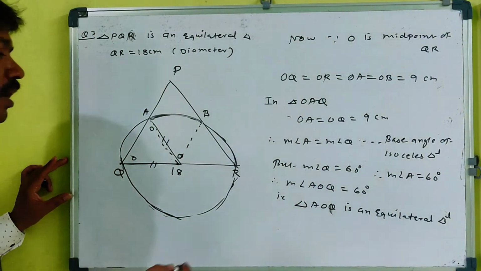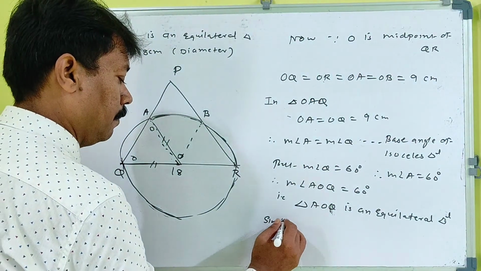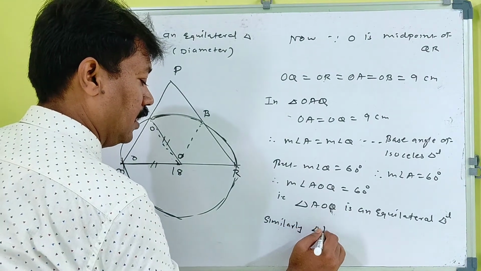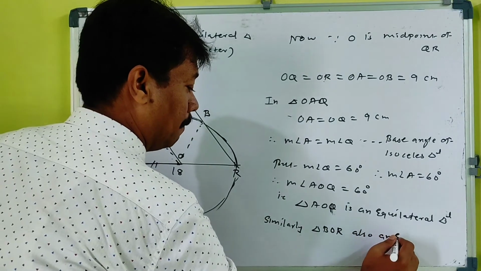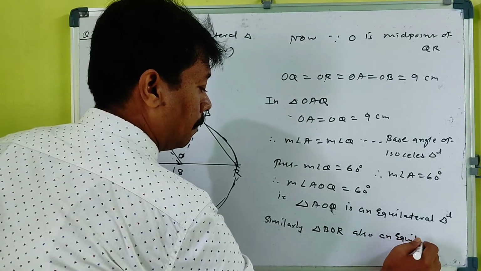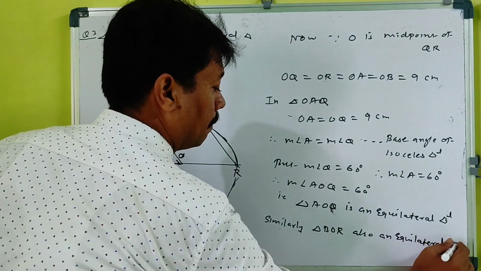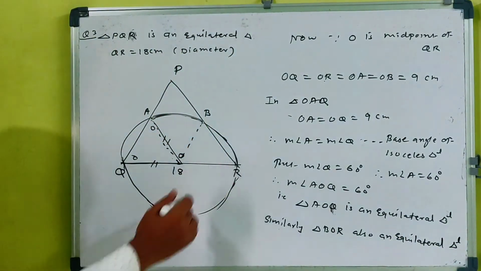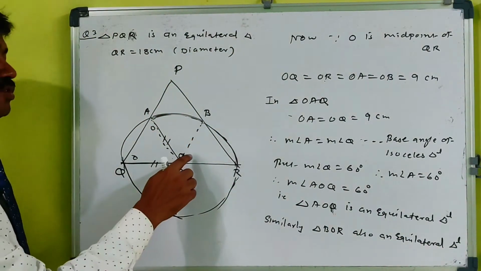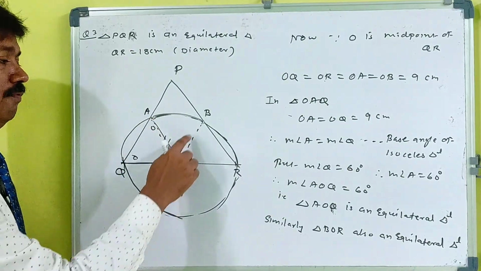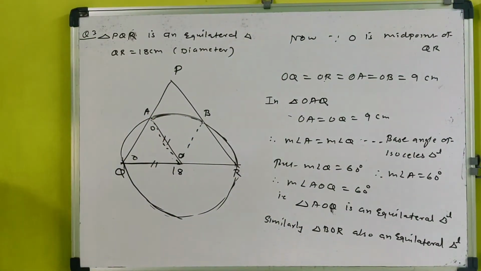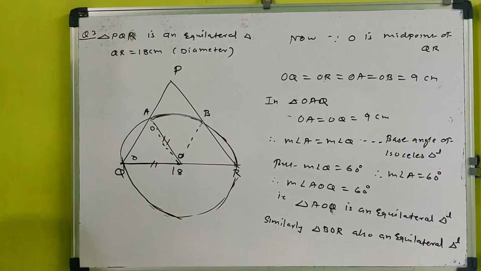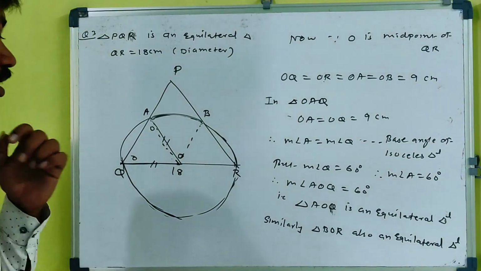Similarly, triangle BOR also an equilateral. ये भी equilateral triangle बनेगा. So this is also 60, this also 60. Therefore, the angle AOB is how much? Therefore, angle AOB is also 60 degree.